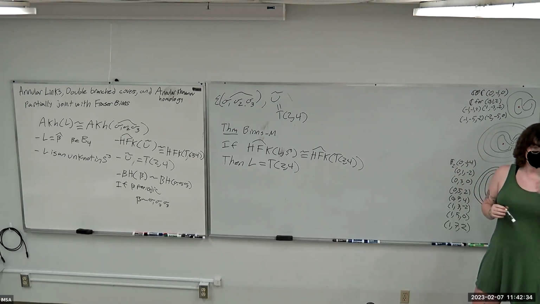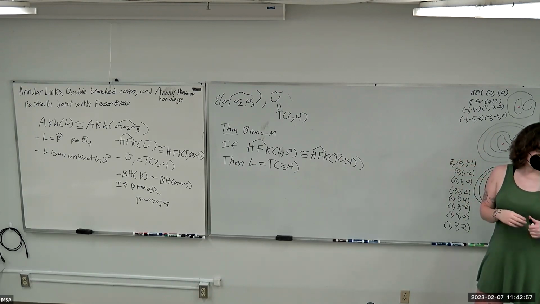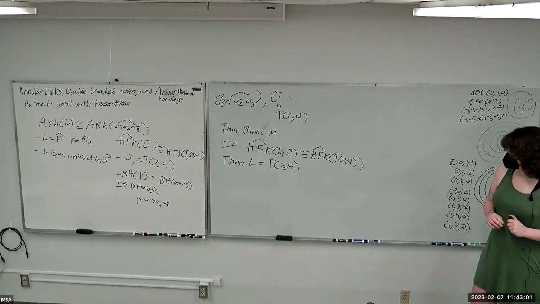And I think the things you're describing, they're not isotopic in the thickened annulus, right? Correct me if I'm wrong, Gage. No, they're just not. You're thinking of a setting where they are. But when you said braid closure, I was thinking in S3, that you meant the braid closure in the thickened annulus. I do mean the braid closure in the thickened annulus. Gotcha. Fair enough, because I'm thinking about an annular link. Yes. Sorry. No, all good. Okay.